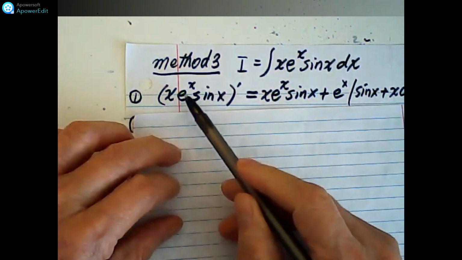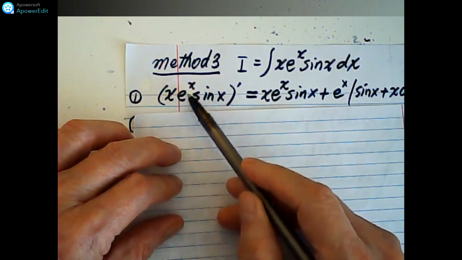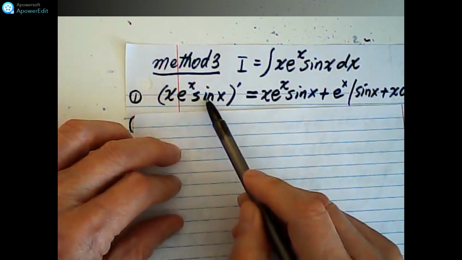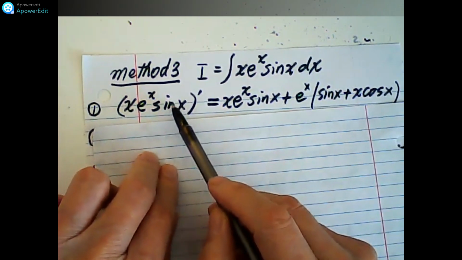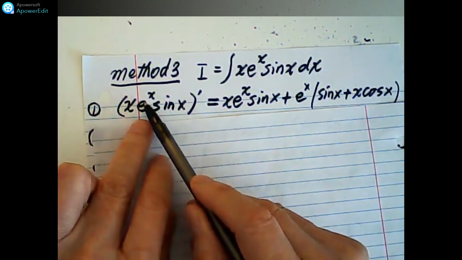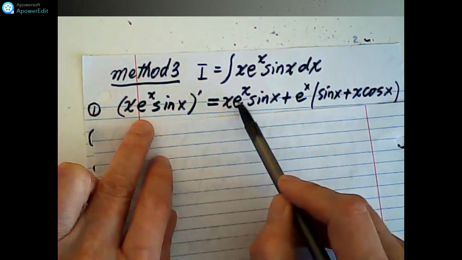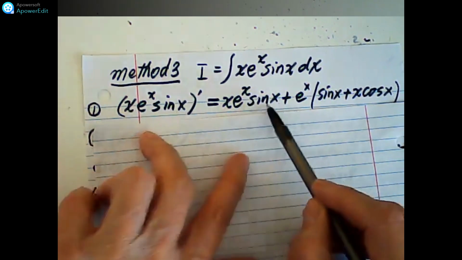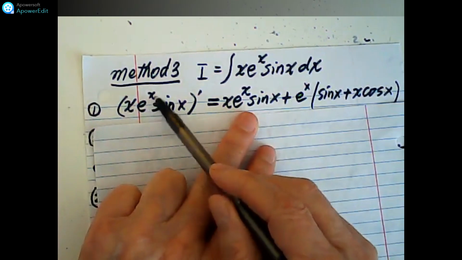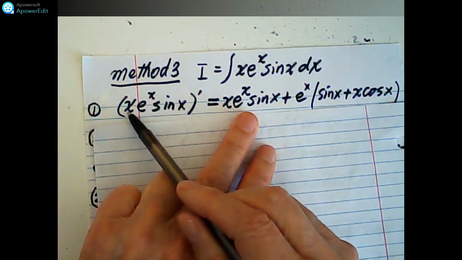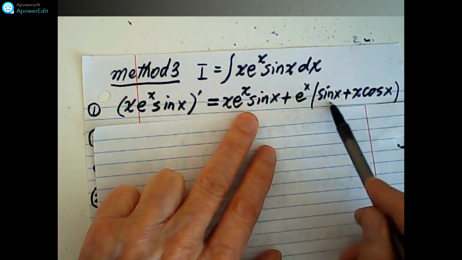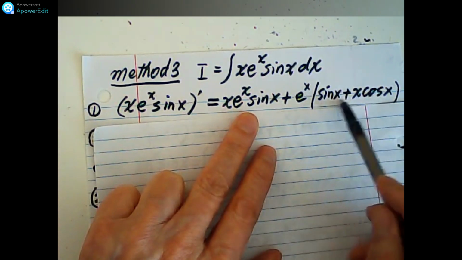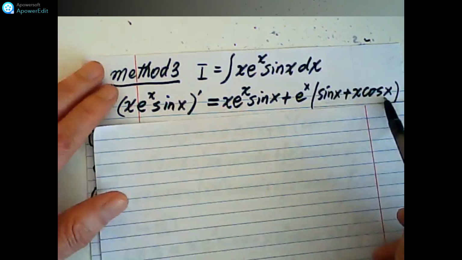Obviously we consider this as one factor, x times sine x is the other. Then we use the product rule. So this derivative is e to the x times x sine x plus e to the x times the derivative of x sine x. That is this. This is the derivative of x sine x with respect to x.